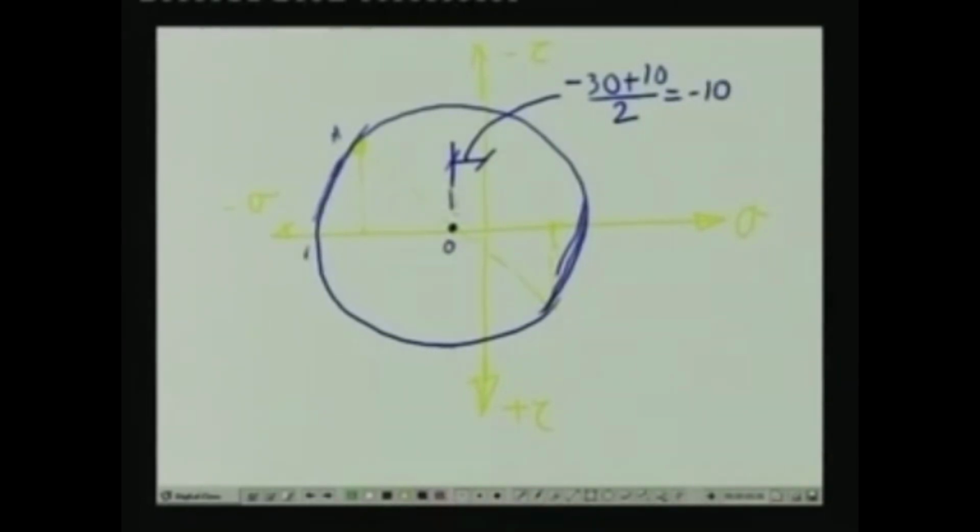So, this distance is minus 10 MPa, and this particular point refers to sigma x, which is minus 30. So, the distance from here to here is 20, which is sigma x minus sigma y by 2.